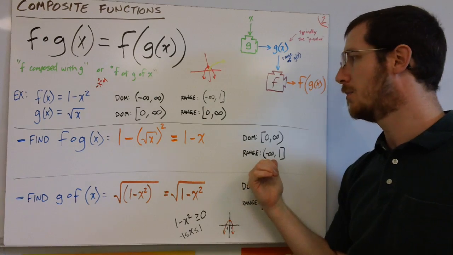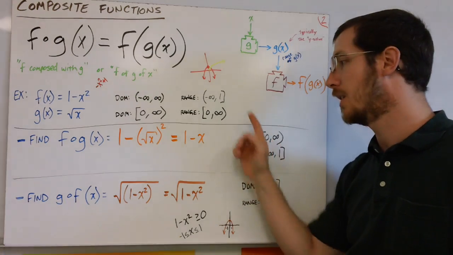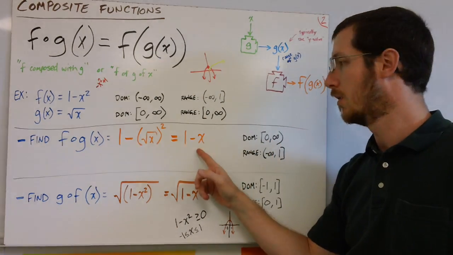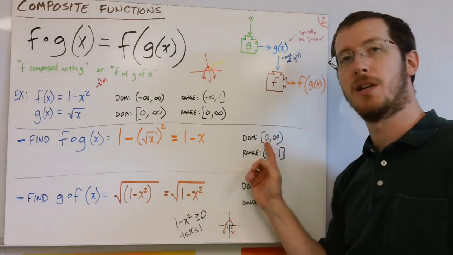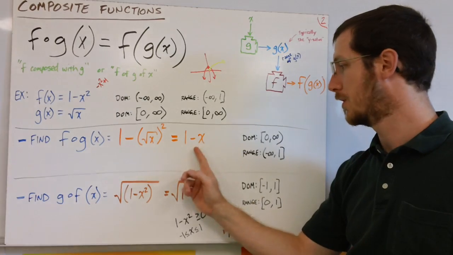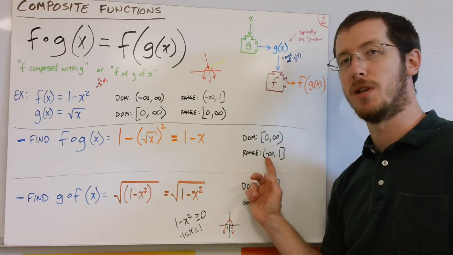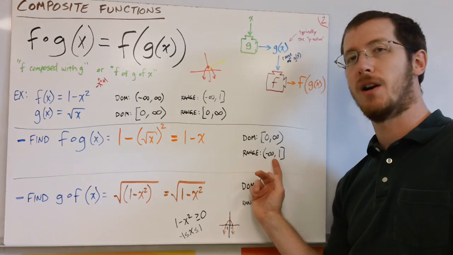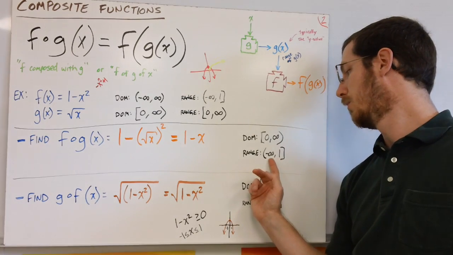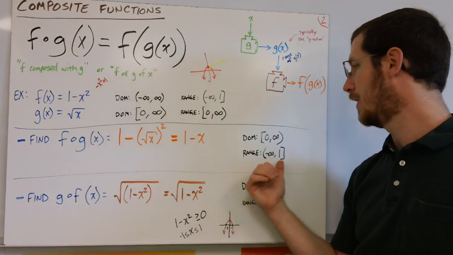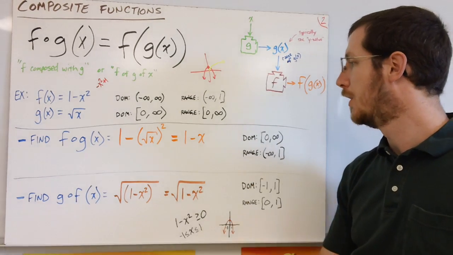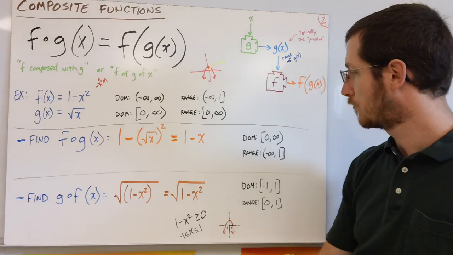The range comes from when we take those values and put them into our f of g of x function. When we just put in positive values into this function, the only y values we get are all of our negative values up to positive 1. So from negative infinity to 1, including 1, since we put in 0 there.